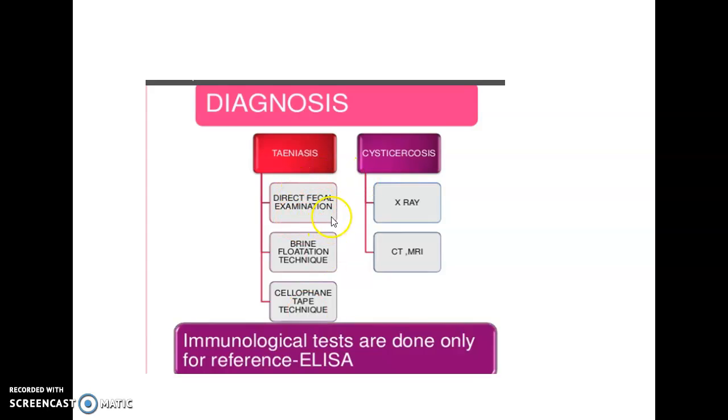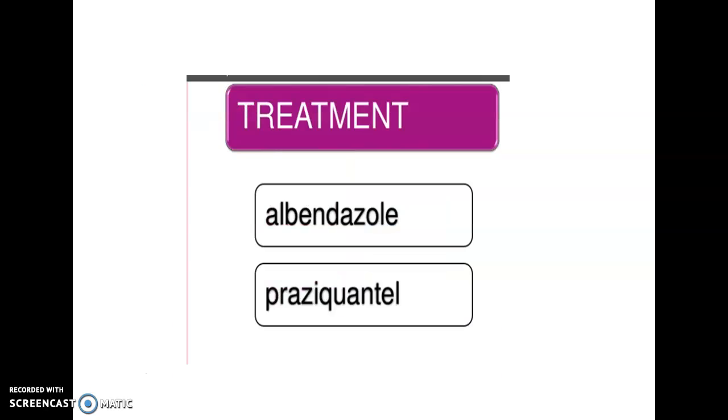Mainly when we are looking through the features, we can directly detect this teniasis. Then for cysticercosis, X-ray, CT, and MRI scans can be used to detect the cysticercosis stage, and many immunological tests, generally ELISA, are also involved for detecting this disease.